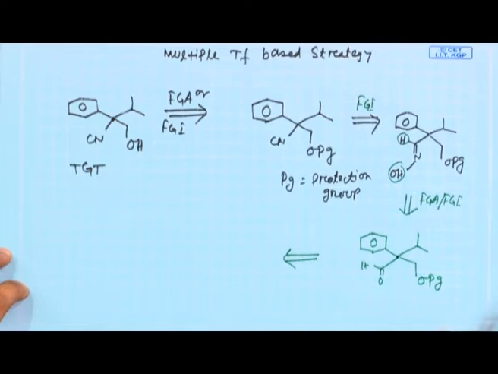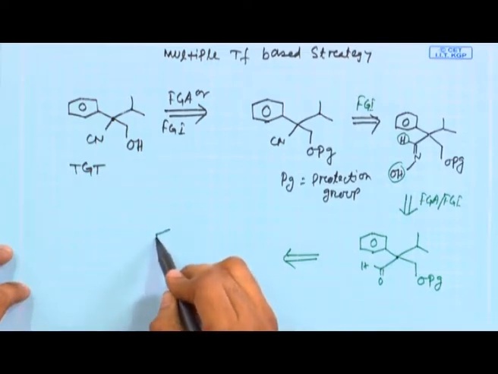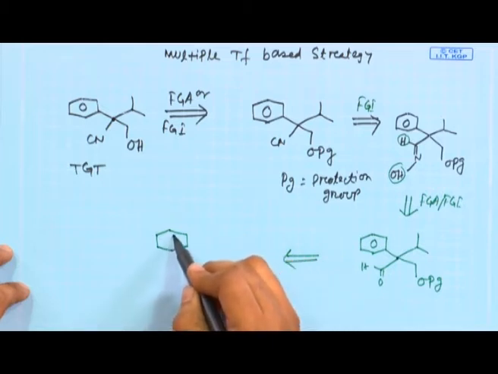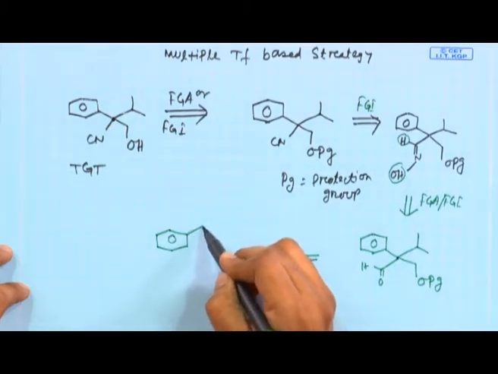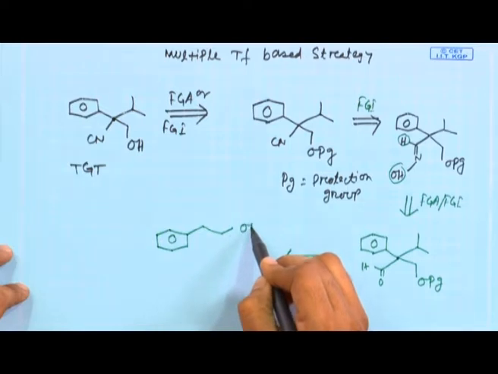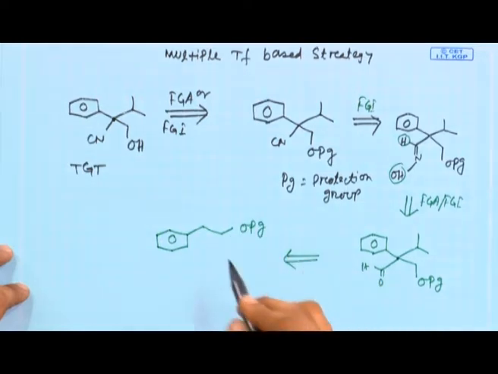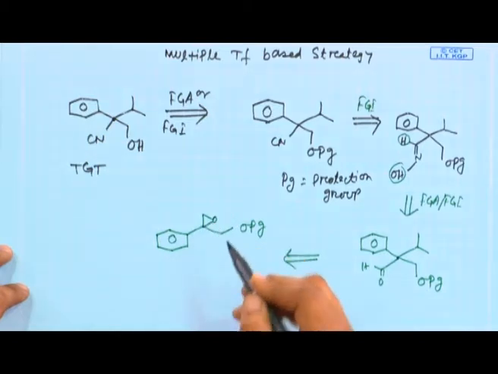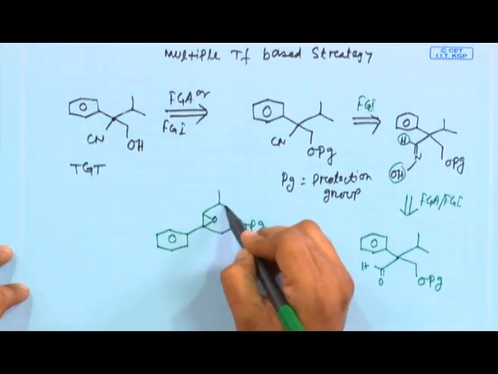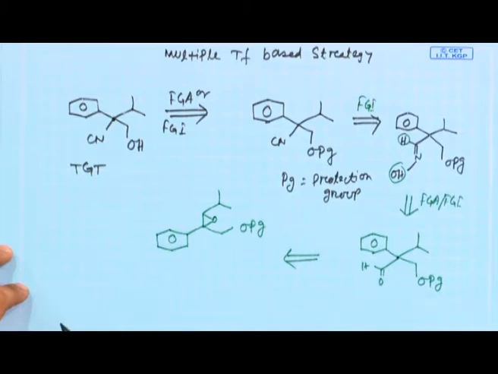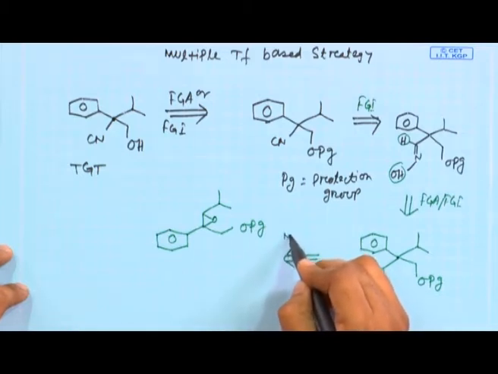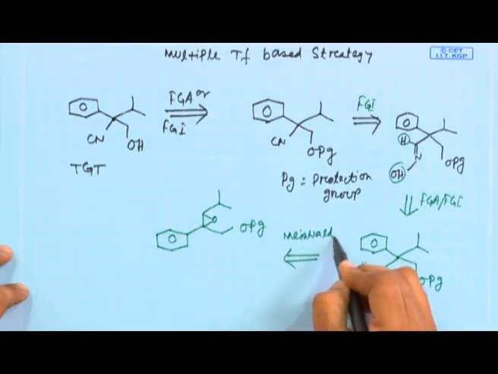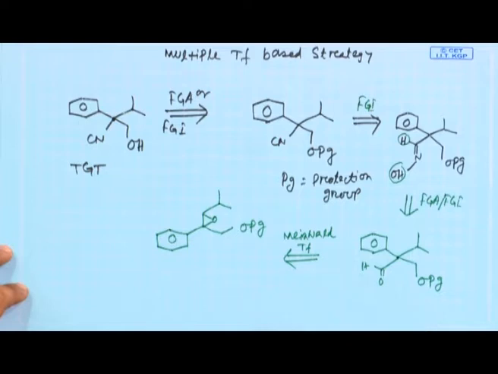The next retro was again based on a very conventional reaction which we discussed many times in our coursework. We said a Meinwald kind of rearrangement will give you this aldehyde, so a Meinwald rearrangement was used as the main transformation.